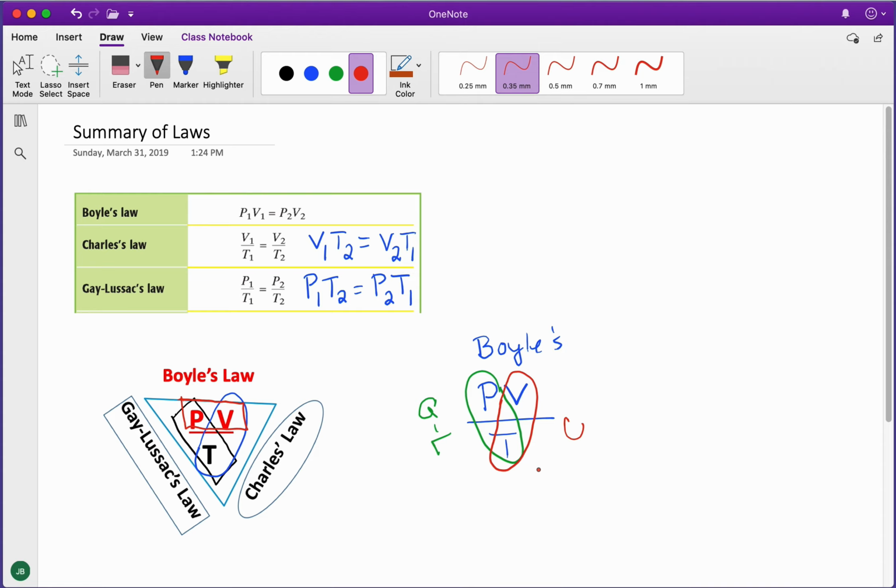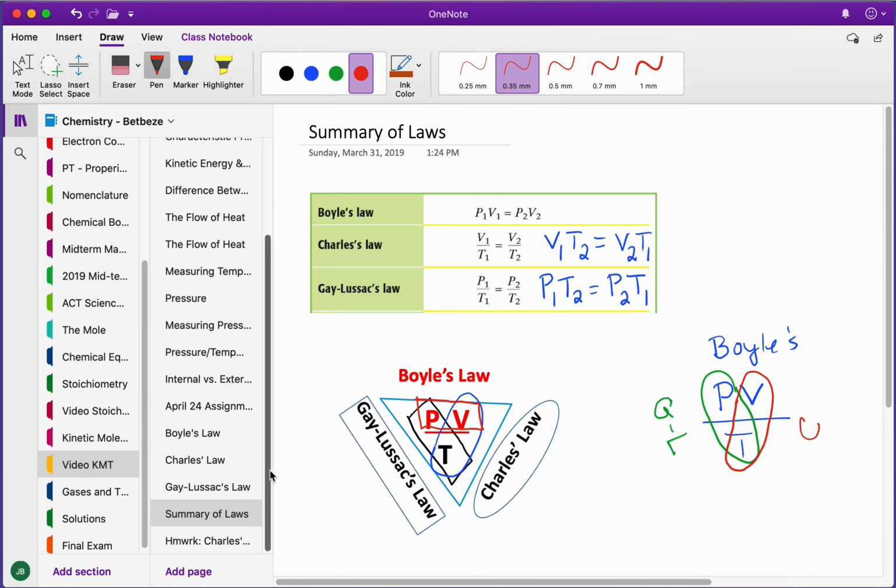Now, your ability to apply them to real life situations is always very helpful on many multiple choice questions on a test. But the real meat is your ability to know which variables are in which law, what their formulas are, and the type of relationship between them.